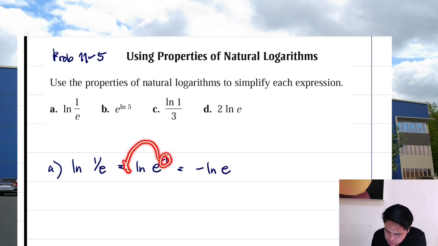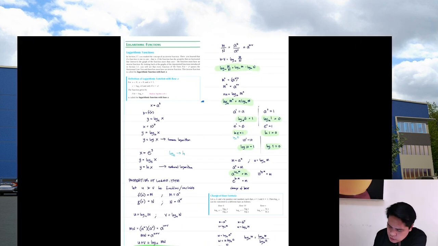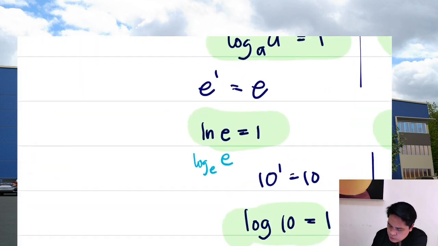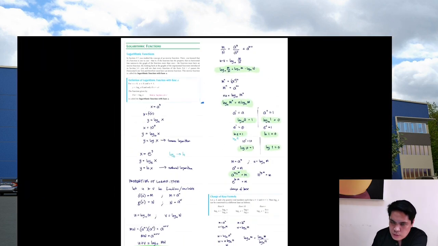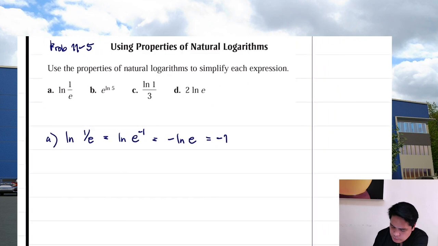Kasi ito, again, basta properties sa logarithm, pag exponent, pwedeng gawing coefficient. So, ito siya, this is just 1. So, the answer is just negative 1. Diba? ln e is 1. We discussed that previously. Right there. ln e is equal to 1. Okay? So, that's too easy.